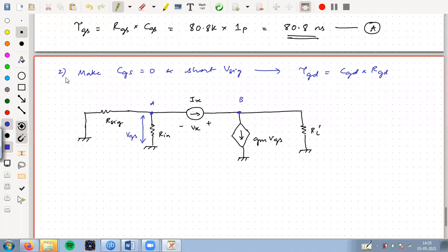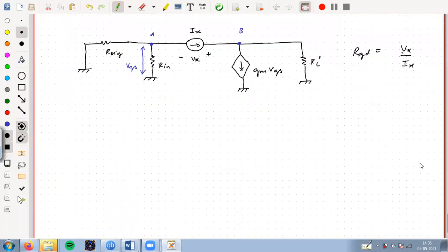RGD here is basically Vx by Ix, so this I have to find. First I will apply nodal analysis at A.